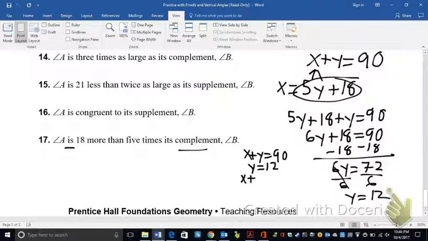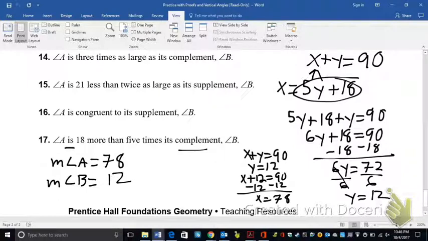Y equals 12, that means x plus 12 equals 90. So we get x equals 78. So the measure of angle A instead of x is 78 degrees. And the measure of angle B instead of y is 12 degrees.